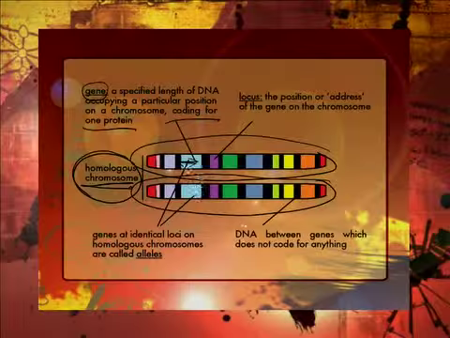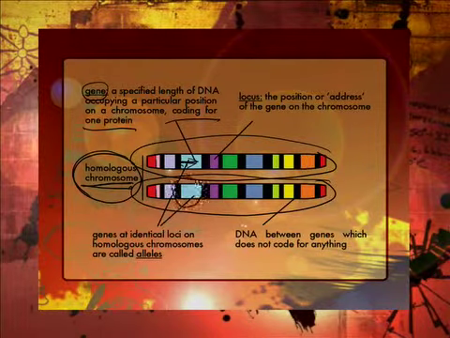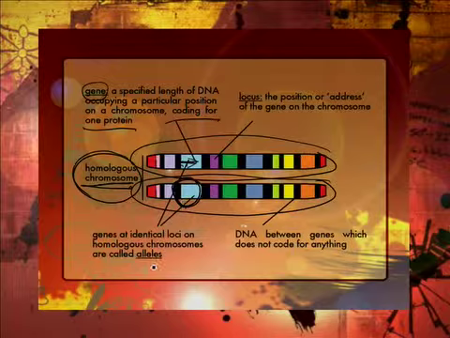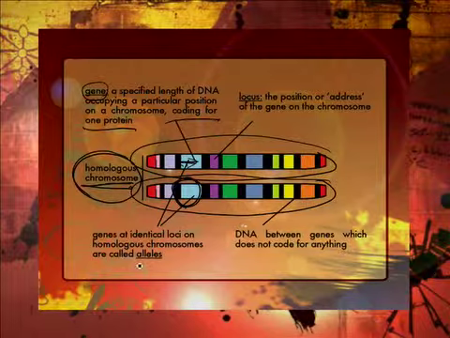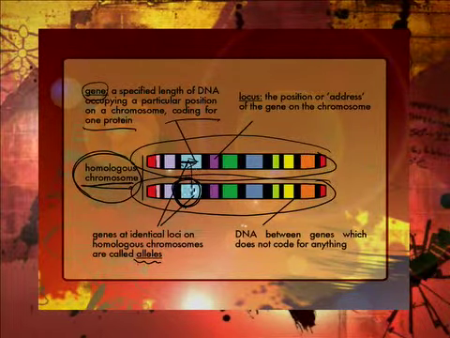Remember that there will be a gene on the other chromosome, on the homologous chromosome, that controls the exact same characteristic. And we call genes that, like these two light blue ones or the purple ones, the green ones, the ones that are found coding for the same characteristic, alleles.